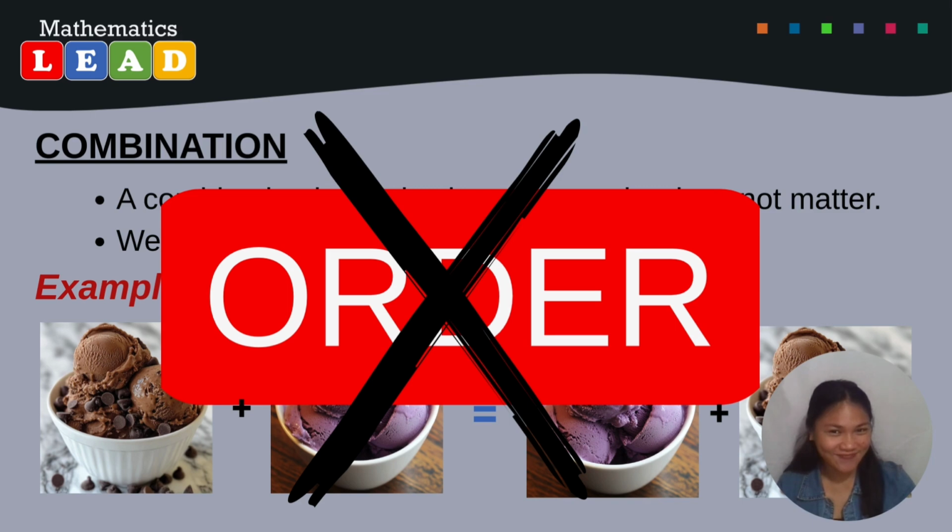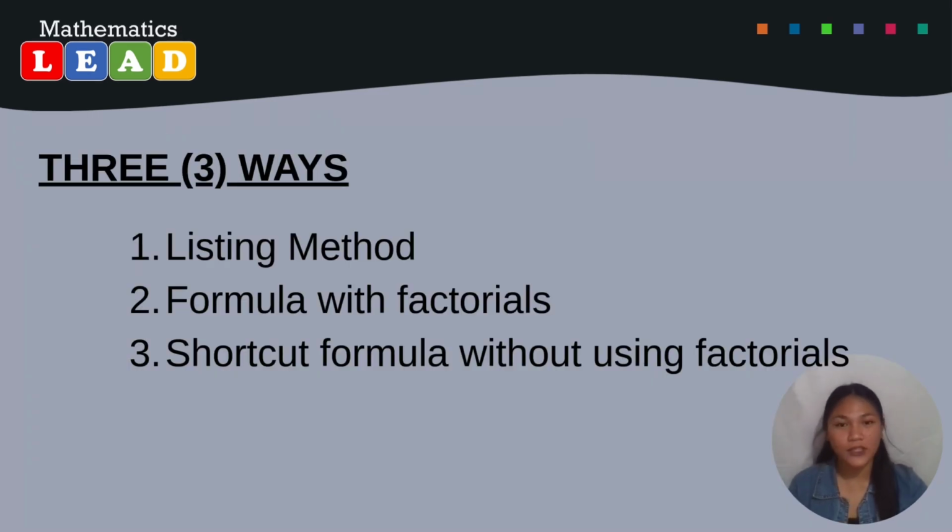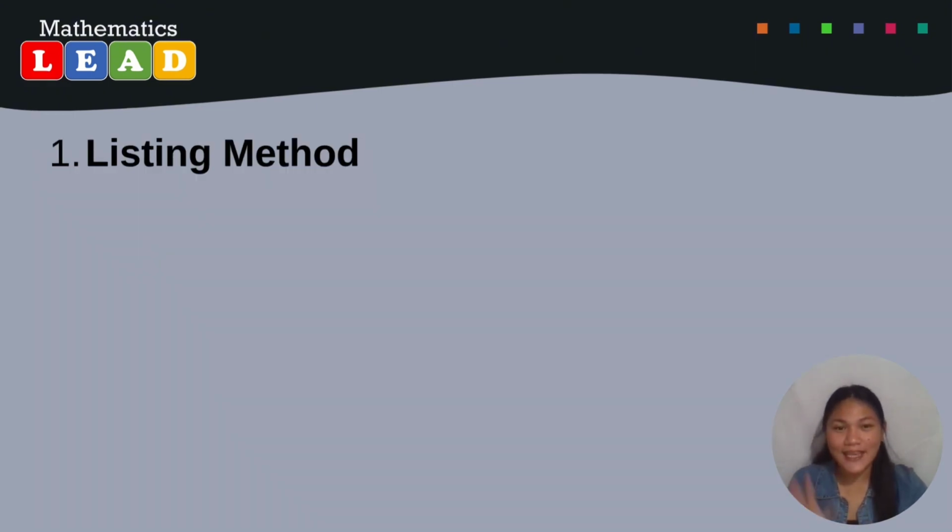Did you get it? In order for you to find the possible combinations of objects, there are three simplest ways we have. First is the listing method. Second is the formula using factorials. And then, the shortcut formula without using factorials. For the listing method, this is the easiest way. You just simply write down all possible pairs.